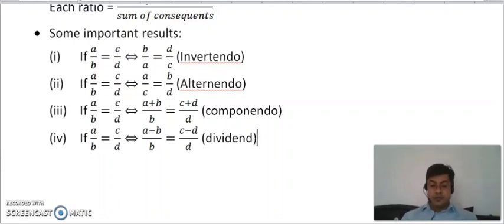Notice that we are subtracting first term minus second term. This difference we are taking in the numerator while the denominator is again kept unchanged.